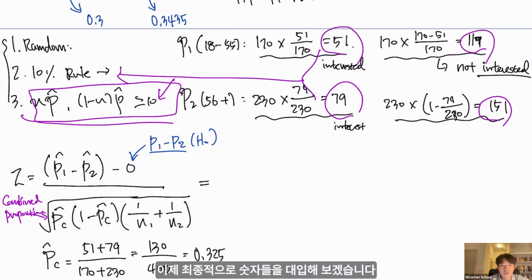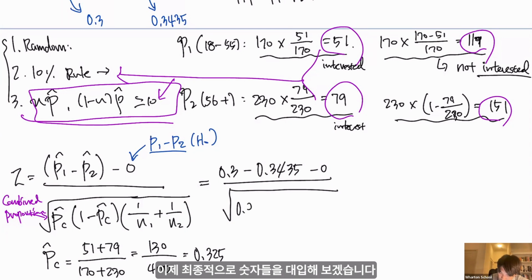Now we are ready to substitute all these values. So P1 is 0.3 minus 0.3435 minus 0, over the square root of PC, the combined proportion we just calculated as 0.325, times 1 minus 0.325, times 1 over the sample size N1, which is 170, plus 1 over the sample size N2, which is 230, right?